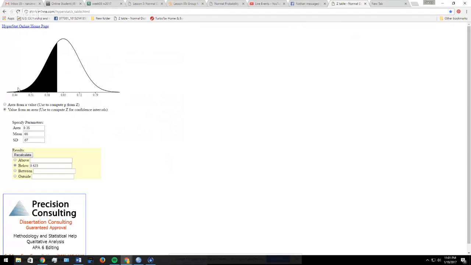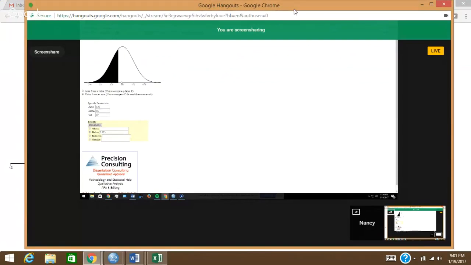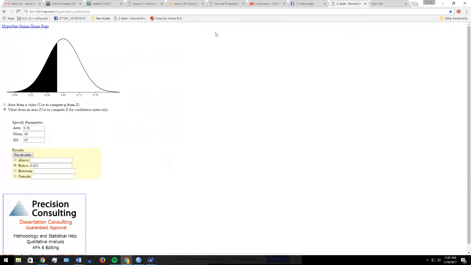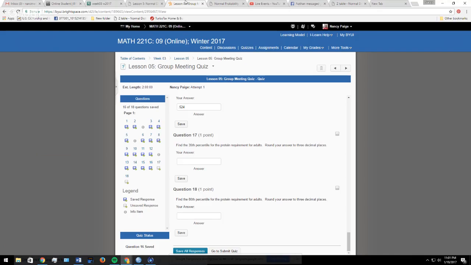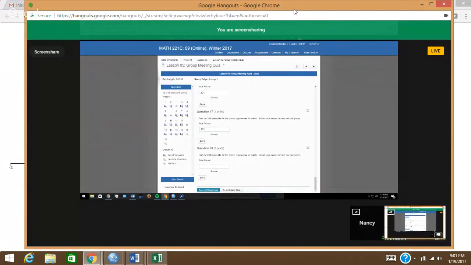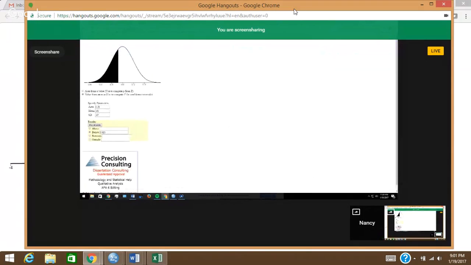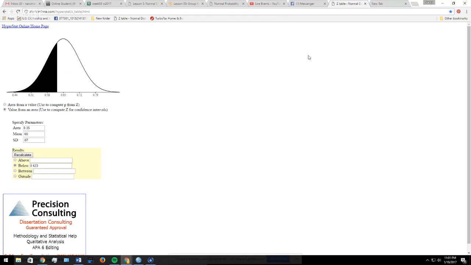And that's the 35th percentile. Is 0.623. I don't know how they got it. You have to use that.